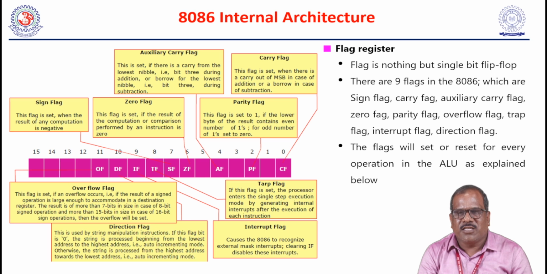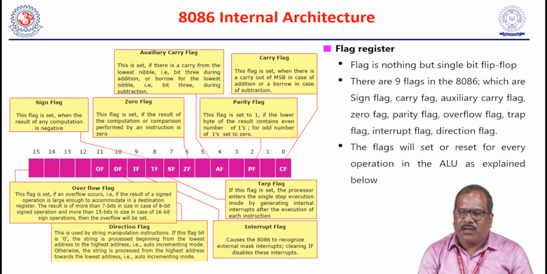Then the auxiliary carry flag: during an ALU operation, if a carry is generated from the D3 bit, that is the lower nibble, and passed on to the next bit, then the auxiliary carry flag will be set. Otherwise, it will be reset.